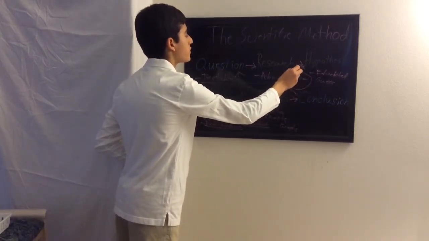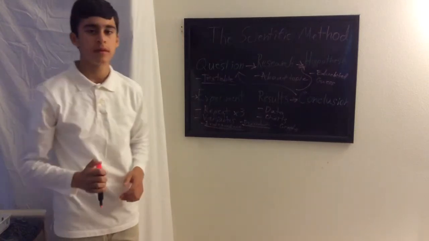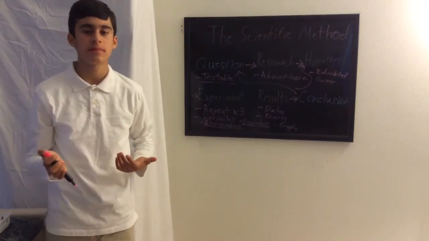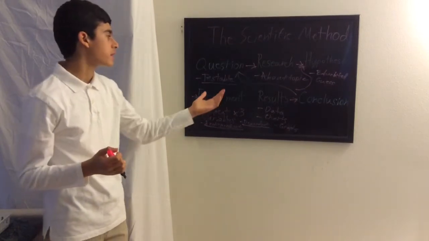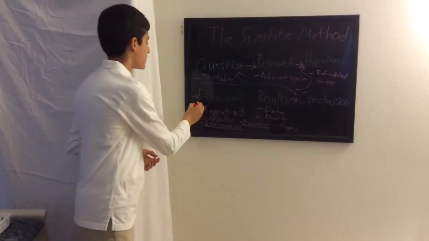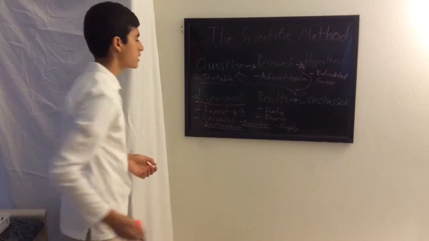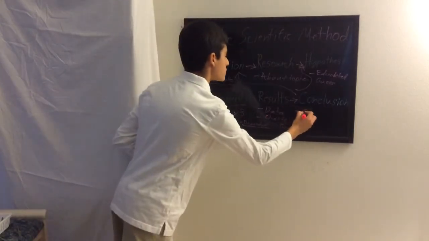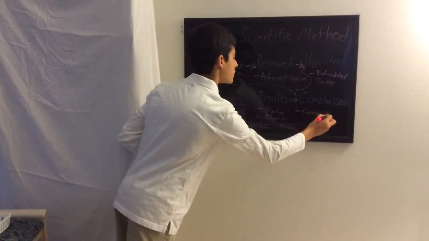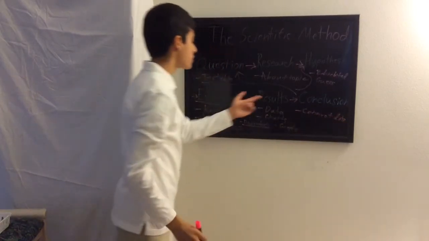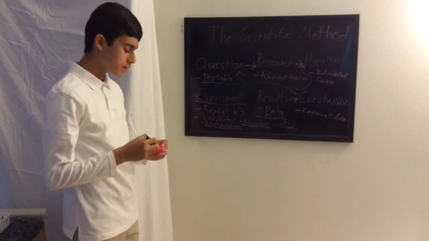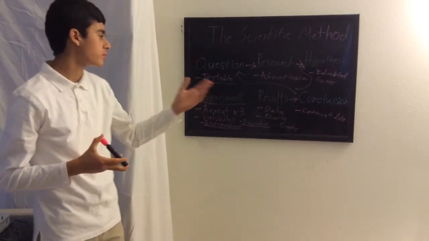You'll state whether it was proven correct or incorrect. It's okay if it was incorrect. An incorrect hypothesis is just as valid as a correct hypothesis as long as the experiment was done accurately. So you just connect the dots in your conclusion using your data, and you're done with that last step.